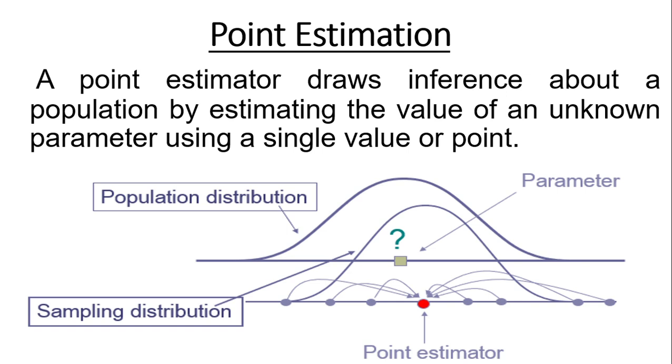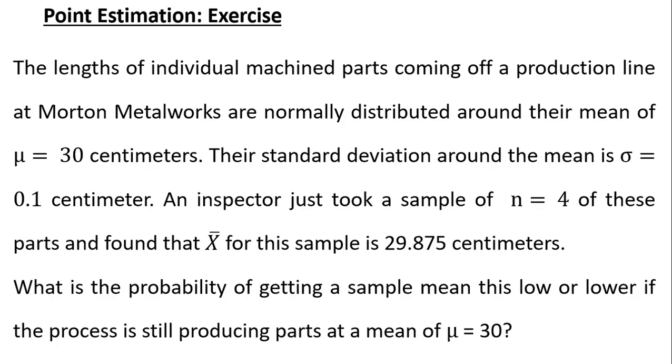It's just a small part of the population, and whatever the value of your estimate here, that's the point estimate, it will represent the unknown parameter in your population. So that's the typical picture of how a point estimate looks.